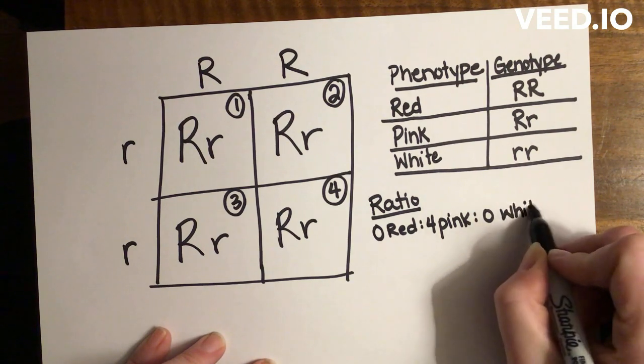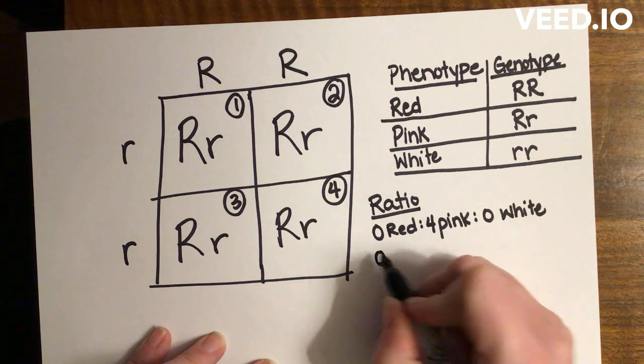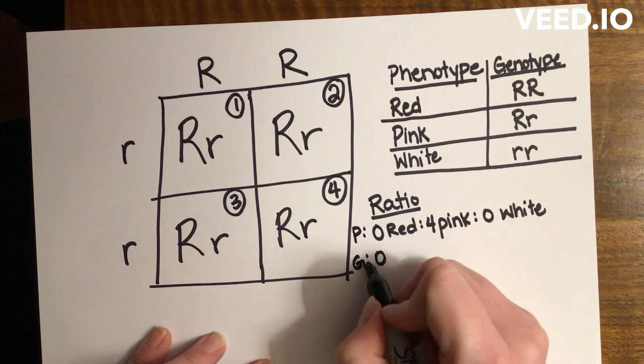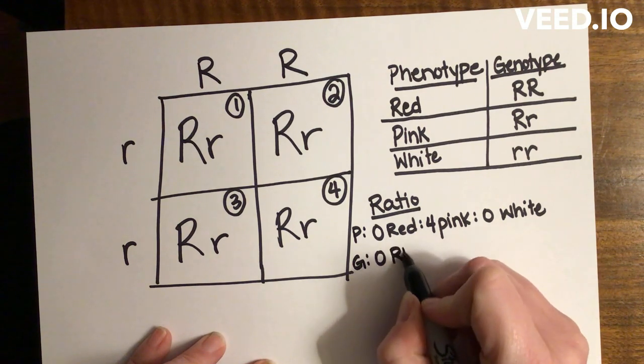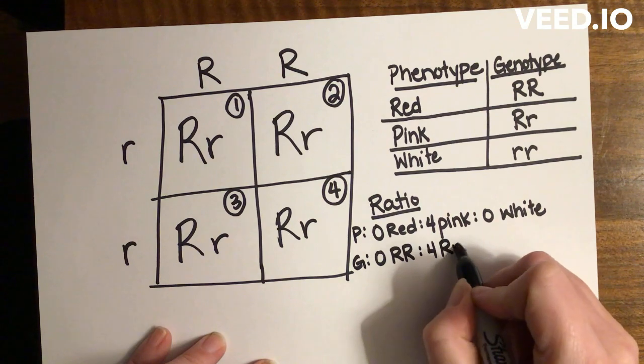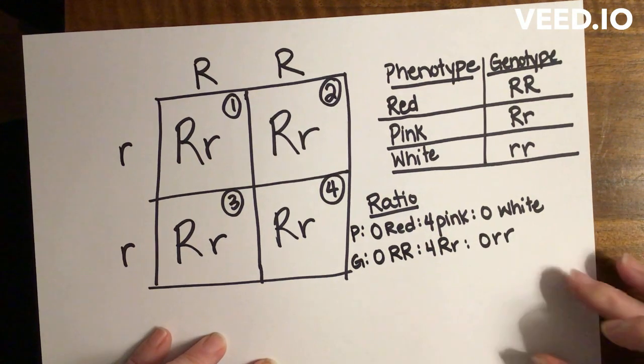Yes, you can reduce this and you can say 0, 1, 0 if you want to. If I were going to write the genotype, remember this is the phenotype, this will now be the genotype, I would write 0 homozygous dominant, 4 heterozygous, and 0 homozygous recessive.